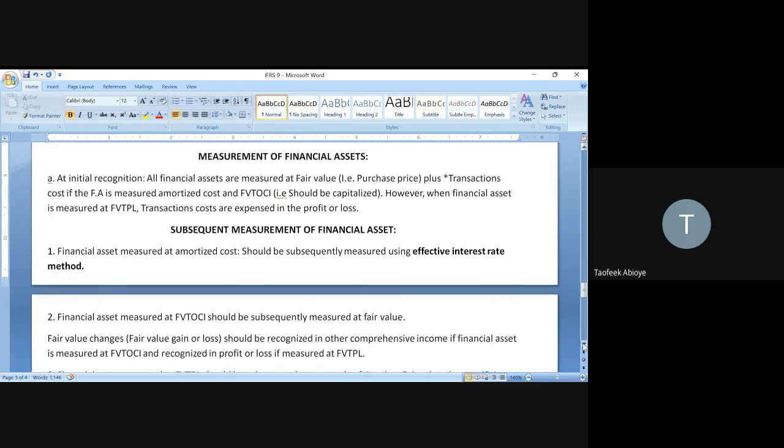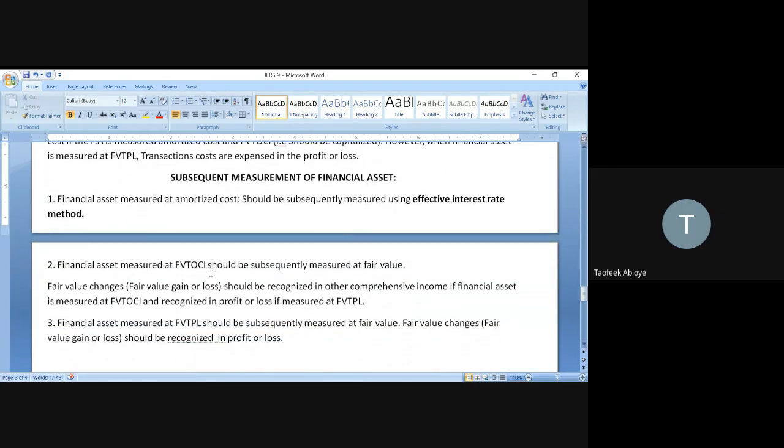However, for fair value through OCI, we are not going to use the effective interest rate method. We will measure at fair value. However, the fair value of that financial asset today and the fair value tomorrow will be different. How?